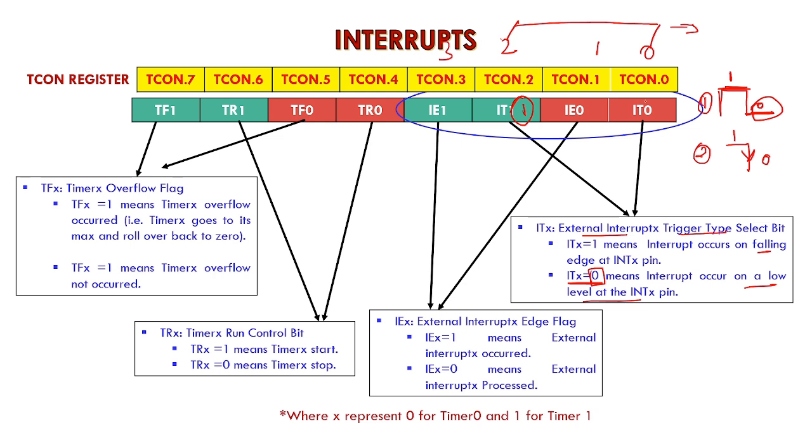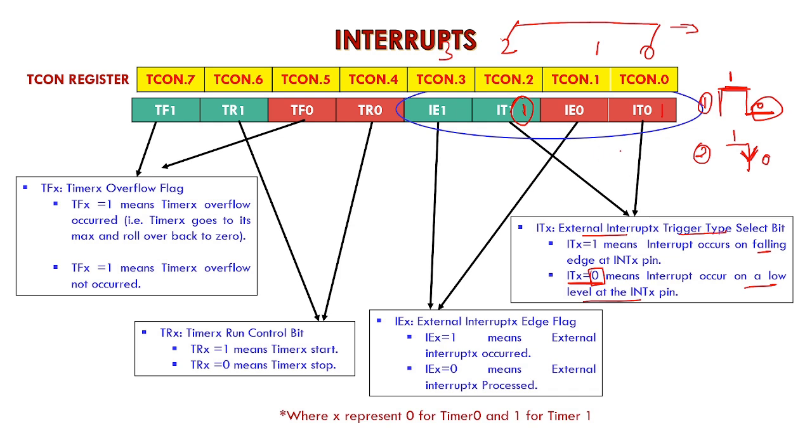This is for INT0, this is for INT1. If you want to work in INT0, you make that bit 1. If you want to work in INT1, you enable this one as 1. Hope you understand, right? So there are two activation levels: one is edge trigger, falling edge, another one is low level activation, that is level trigger.